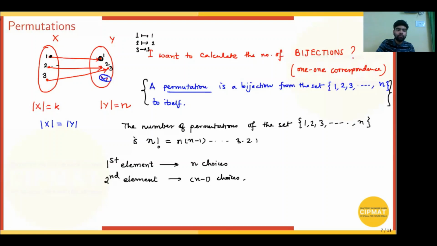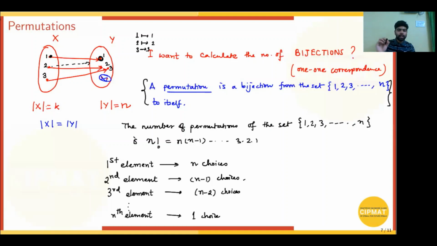It will have to choose among the rest of the elements, and there are n minus 1 left. Similarly, the third element will have n minus 2 choices. In this way, if you go on till the nth element, the nth element will have only one choice in front of itself.